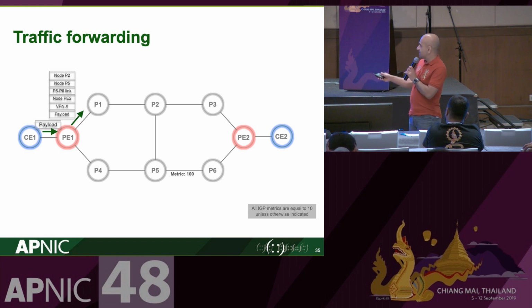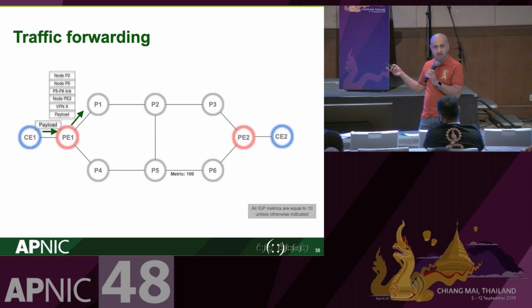We cannot say at this point, send it to P6 only, because if it did, it would take the shortest path, and the shortest path is this way, because that's a cost of 10, 20, 30, 40, and this is 100. So we have to explicitly force it down that adjacency. Once it gets to P6, then we just send it to P2, which happens to be directly connected to it.